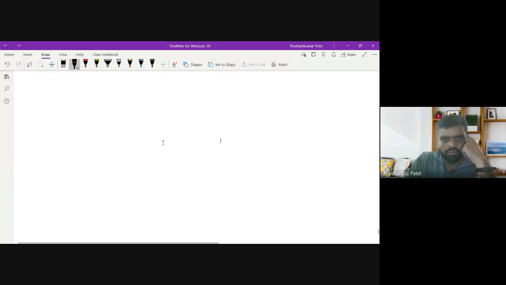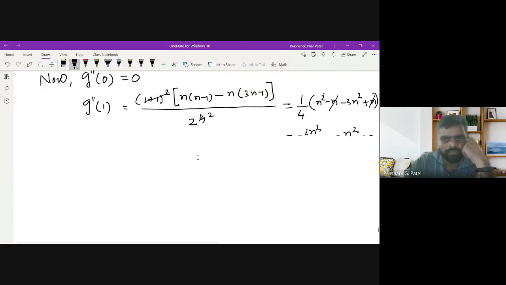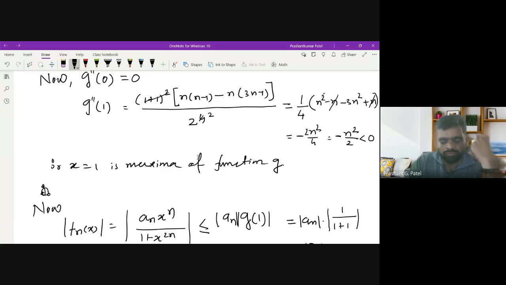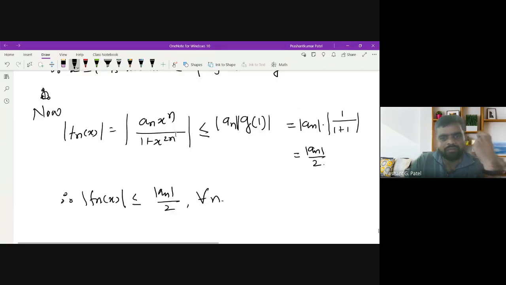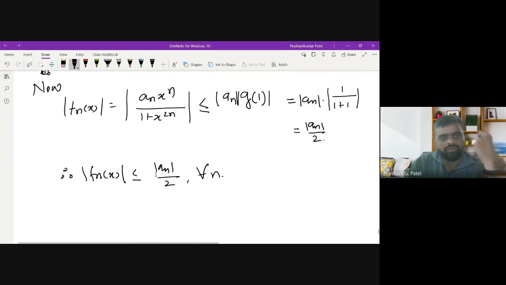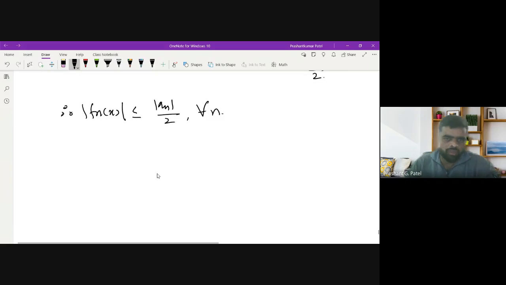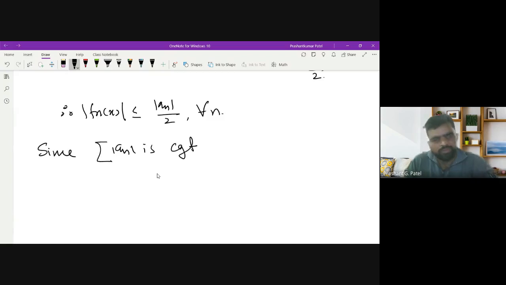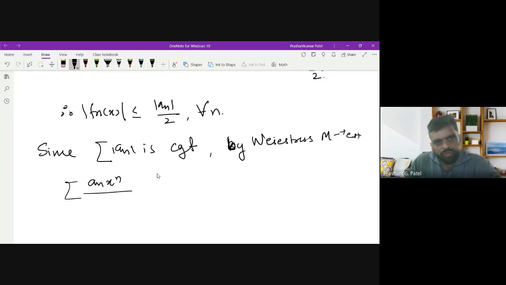So what we can say is, for the summation of an x raised to n upon 1 plus x raised to 2n, since summation of mod an is convergent, this is by hypothesis, by Weierstrass M test, summation of an x raised to n upon 1 plus x power 2n is uniformly convergent.